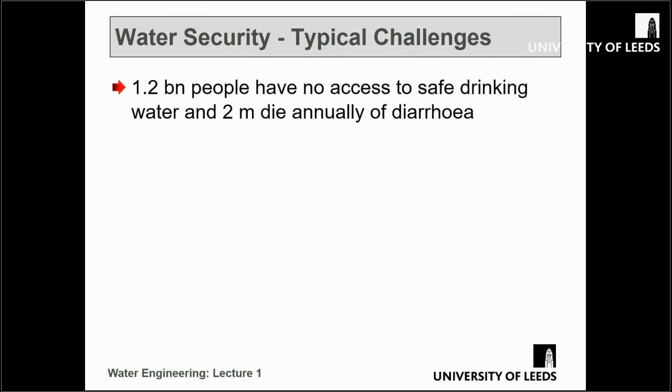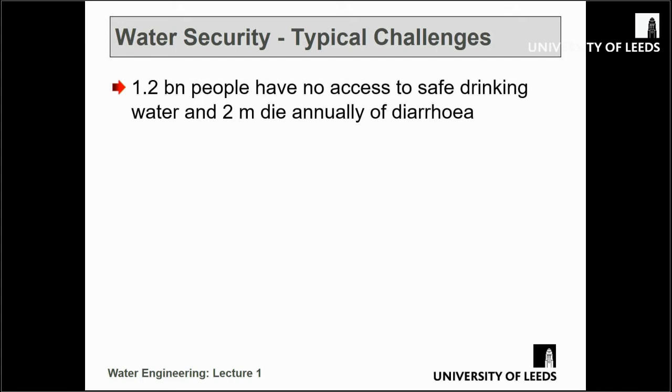Some more facts now about water security. We often see things about water security coming up. This has been a big political issue. Some challenges: 1.2 billion people have no access to safe drinking water, and 2 million people die annually of diarrhea.